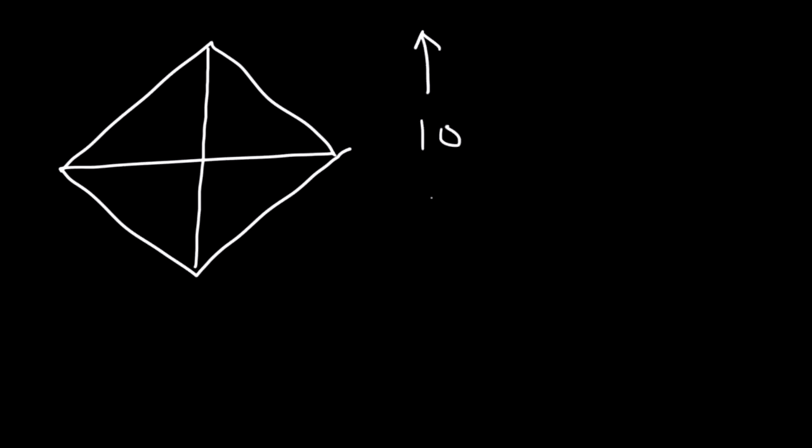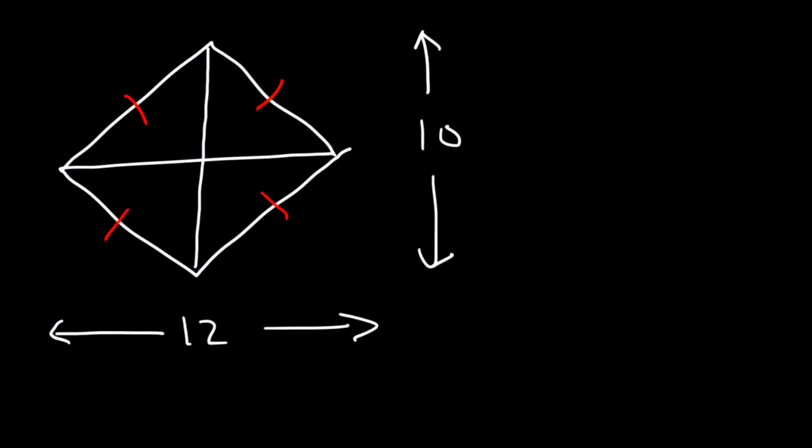Now the next shape that we need to talk about is the rhombus. So let's say the length of the first diagonal is 10, and the length of the second diagonal is 12. What is the area of this rhombus? By the way, for a rhombus, all sides are congruent like a square, and the diagonals bisect each other at 90 degrees.